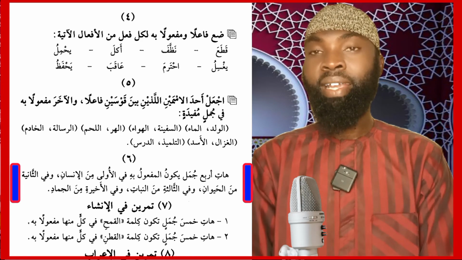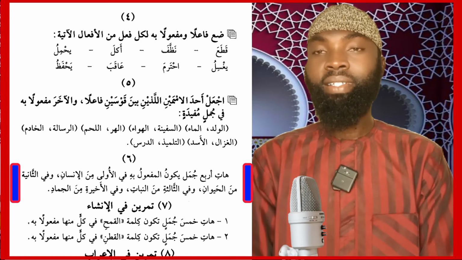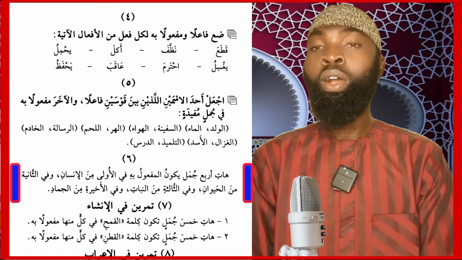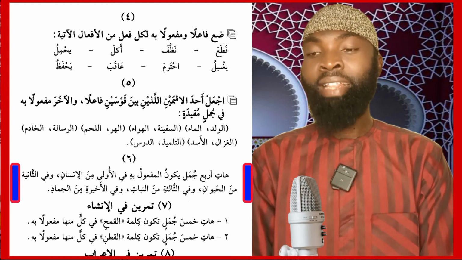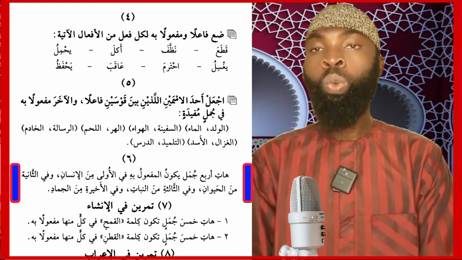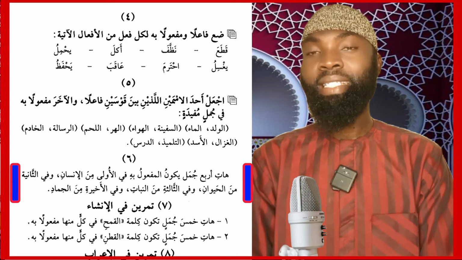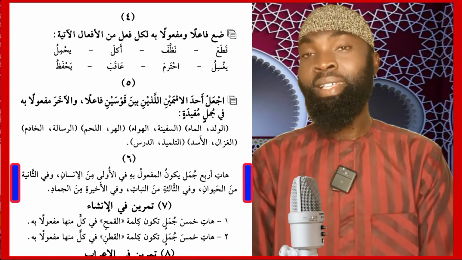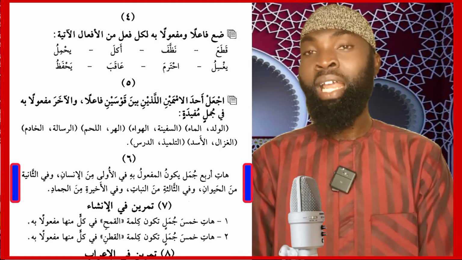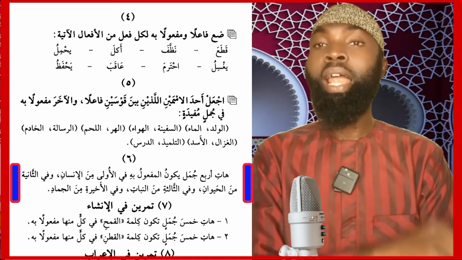So we can see snake, name of an animal, is acting as the object, the maf'ulu bihi, of this sentence. And the next, we can say hasad al-fallahu al-qamha. The farmer harvested the wheat. Wheat, name of a plant, is acting as the object in this sentence.